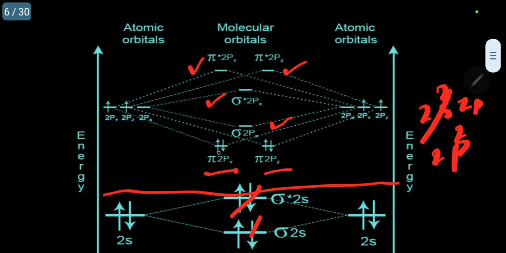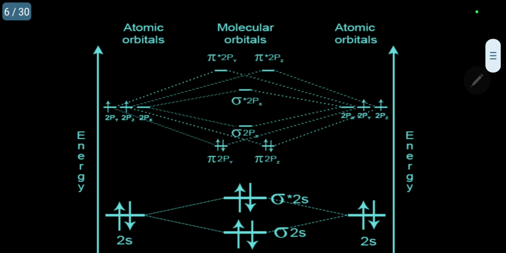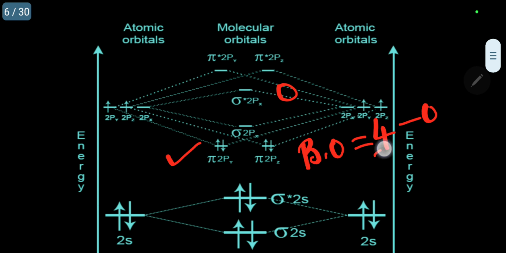So first orbital 1, second orbital 2, then again 3, 4. So the lower pi orbitals are filled, whereas the sigma orbital is not filled, that is, px is not filled. Now what is the bond order? The bond order is equal to total number of bonding electrons 4, antibonding 0, divided by 2.